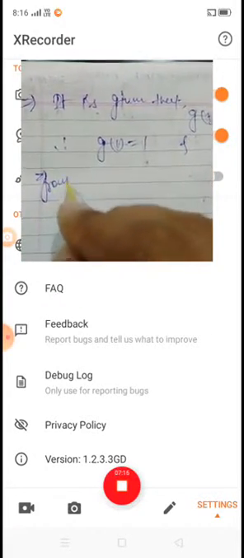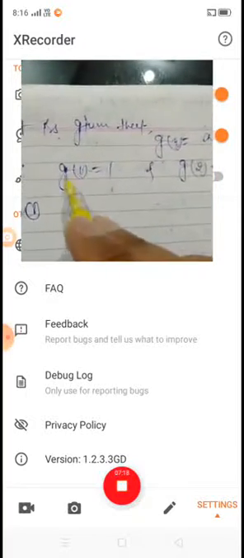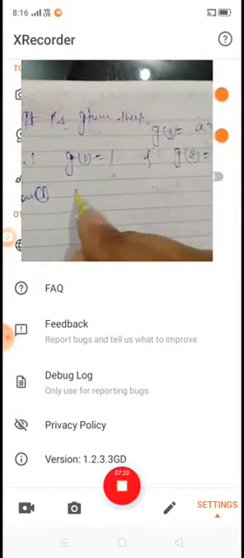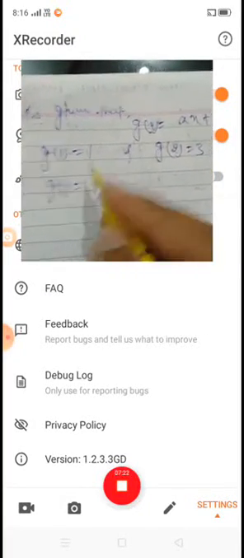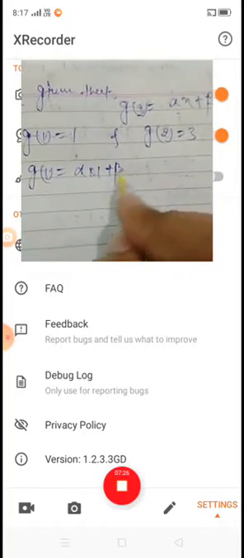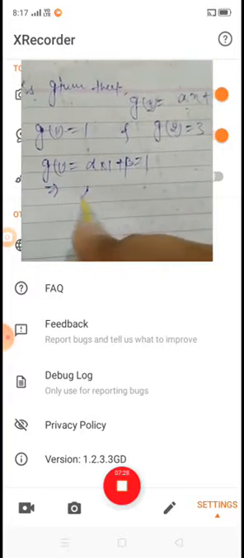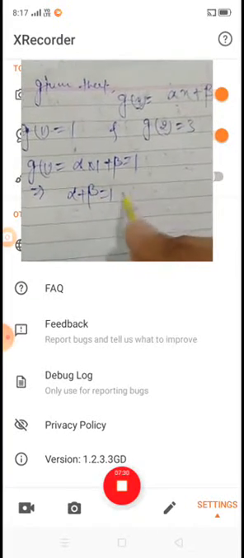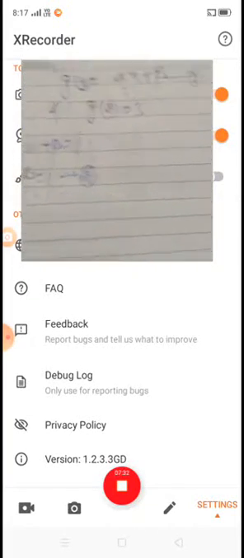From equation 1, we put x is equal to 1, that is g(1) is equal to alpha into 1 plus beta is equal to 1. This implies that alpha plus beta is equal to 1. Take this as equation 2.